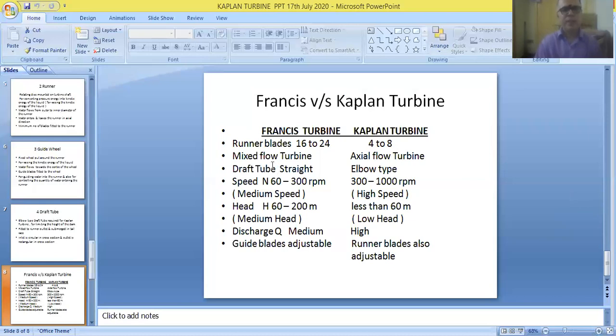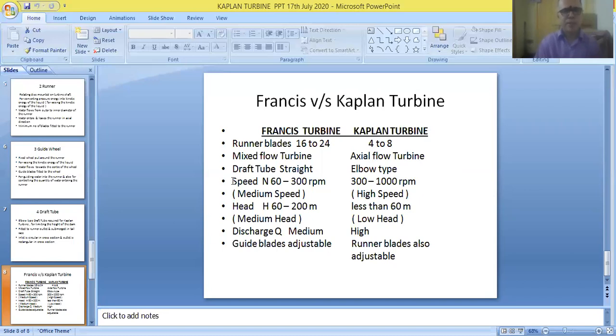Similarly, water will be entering the runner in radial direction and it will be leaving the runner in axial direction. So the Francis turbine is called a mixed flow turbine. Whereas in the case of a KAPLAN turbine, water will be entering and leaving the runner in axial direction. So therefore, it is called an axial flow turbine.